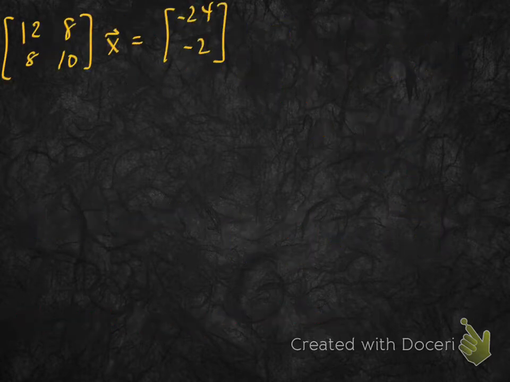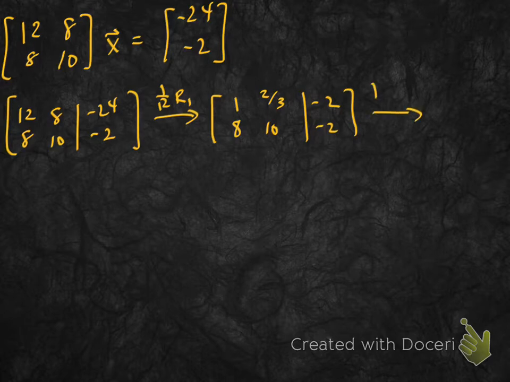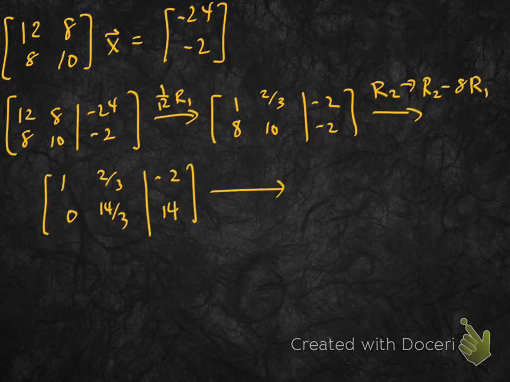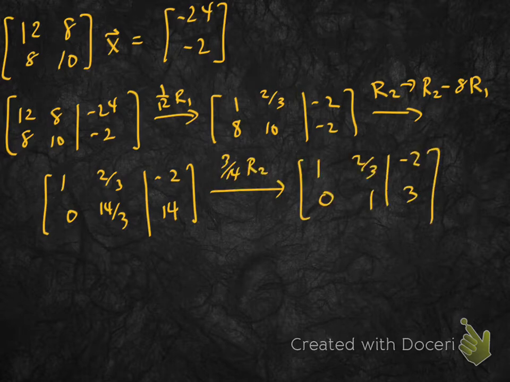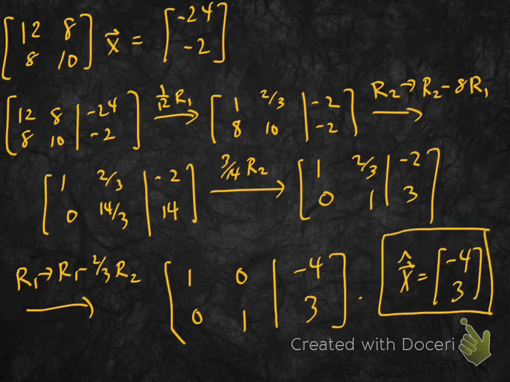So let's set up the corresponding augmented matrix, and then we can just row reduce. All right, so there, I've row reduced this thing down, and I see that x hat is the vector (-4, 3). That's the least squares solution.